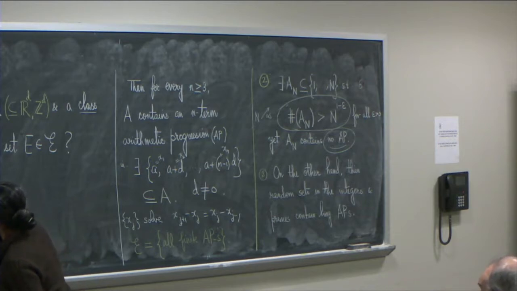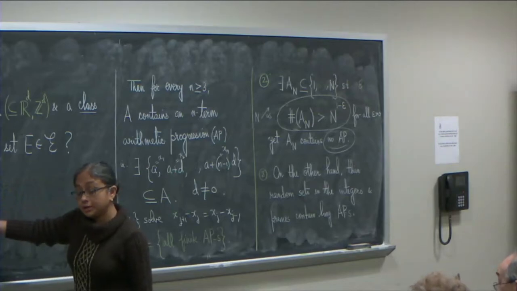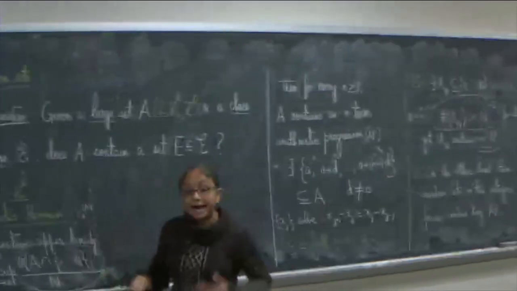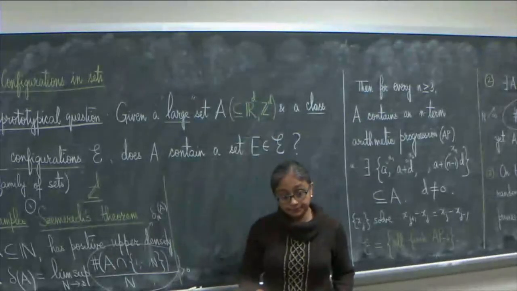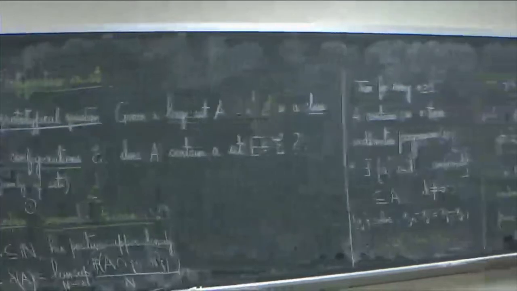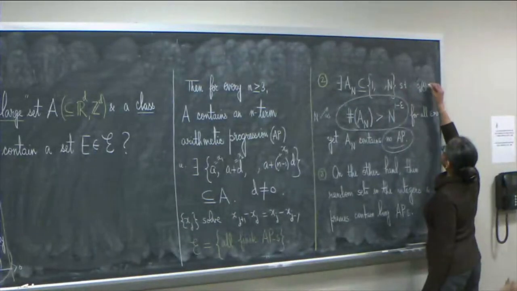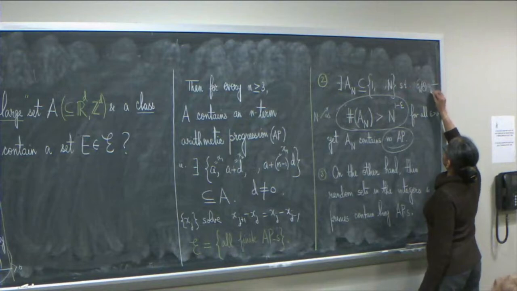Now, of course, this has to go to 0, but I'm going to let it go to 0 as slowly as possible. So think of a situation, for example, where delta_n of A is like 1 over log n.